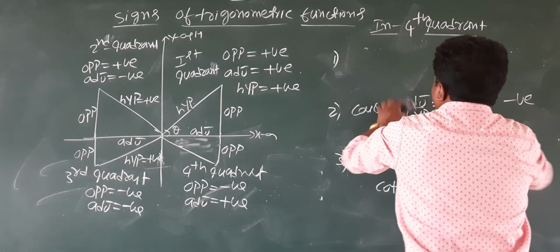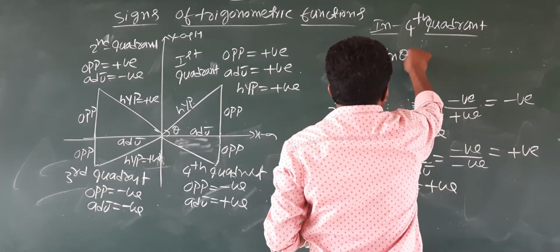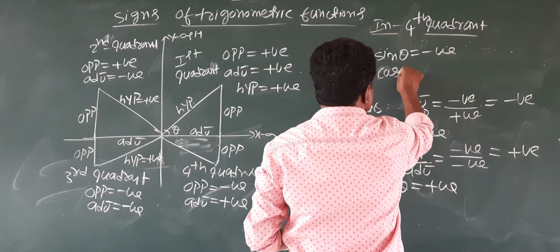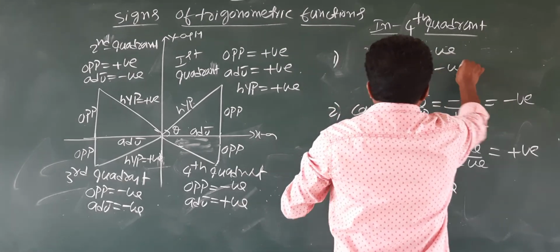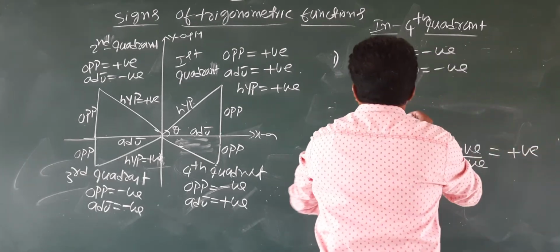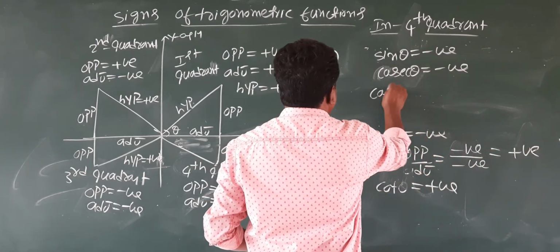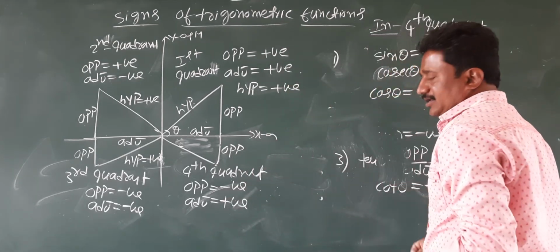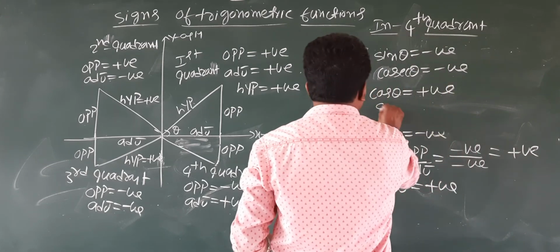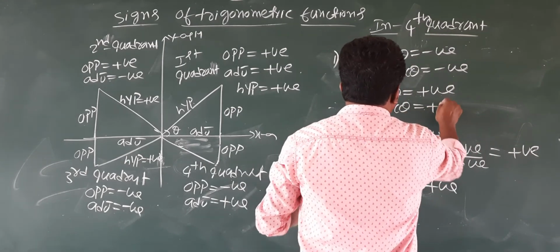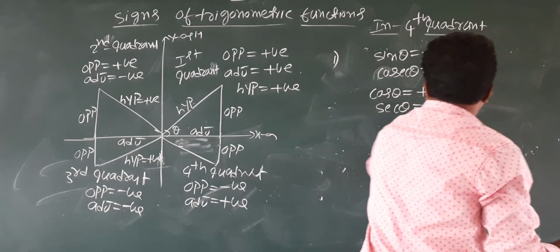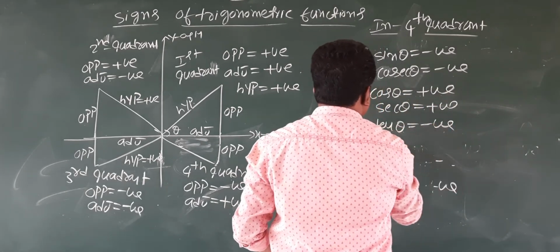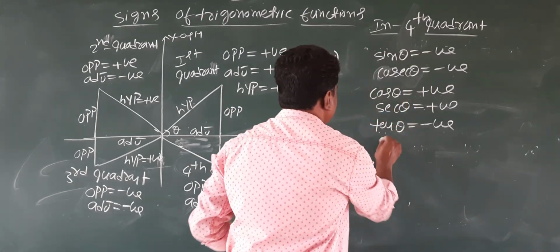So in the fourth quadrant, sin theta is negative and cosecant theta is negative. Cos theta is positive, adjacent by hypotenuse. Its reciprocal, secant theta, is also positive. Tan theta is negative, and cot theta is also negative.